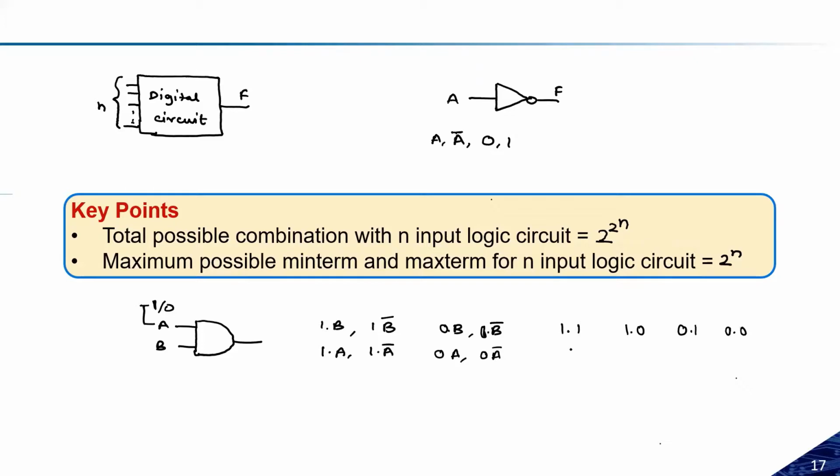Other combinations we know are A bar B bar, A bar B, A B bar, and A B. If you count here, we get a total of 16 possible combinations if I have two inputs. Similarly, you can calculate the total number of possible combinations for more inputs. Why am I putting so much stress on this formula?